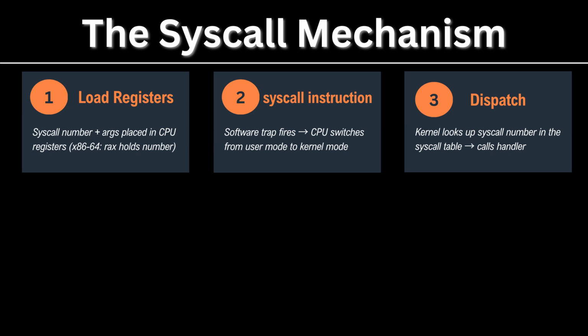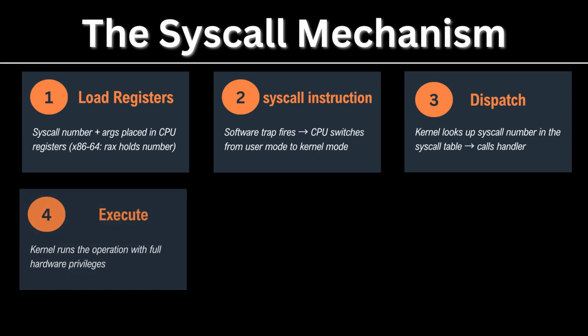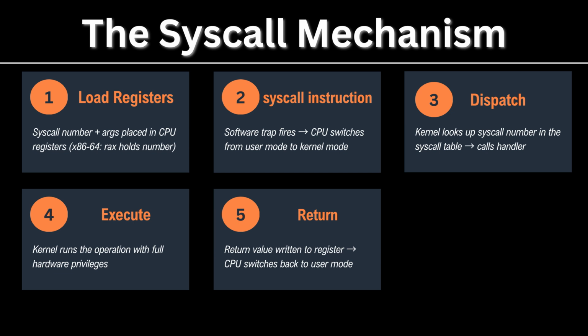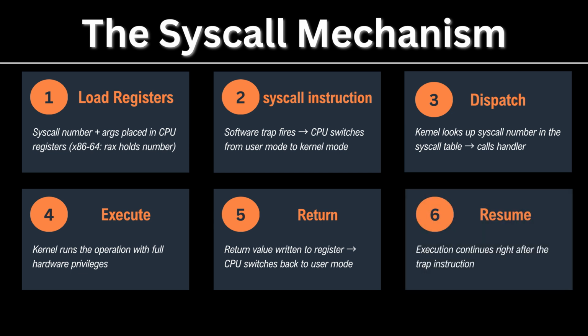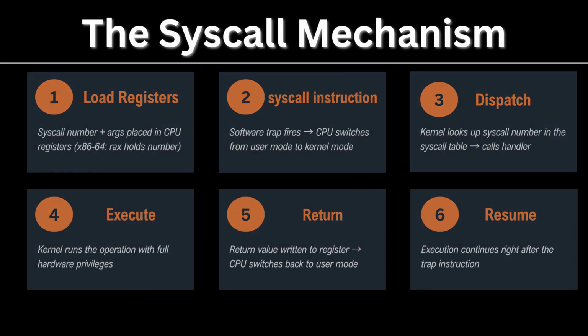It looks up the system call number in the system call table and calls the corresponding handler function. The handler runs the operation with full hardware access, and when it is done, the return value is written back to a register, the CPU switches back to user mode, and your program resumes exactly where it left off, right after the system call instruction.